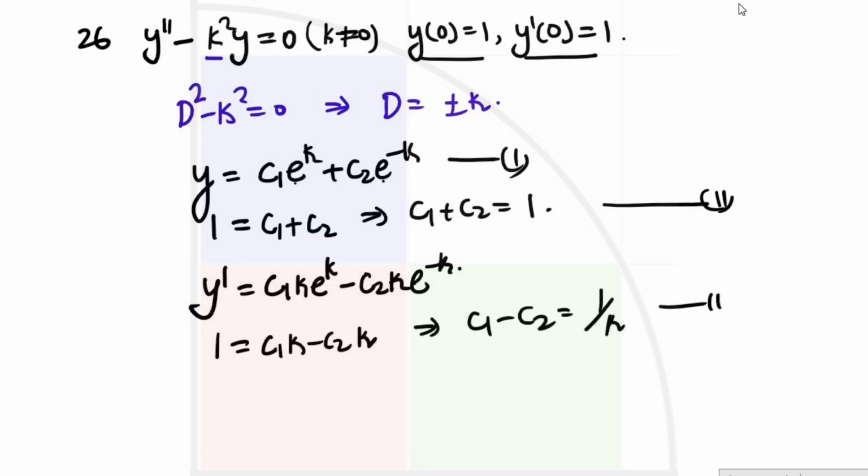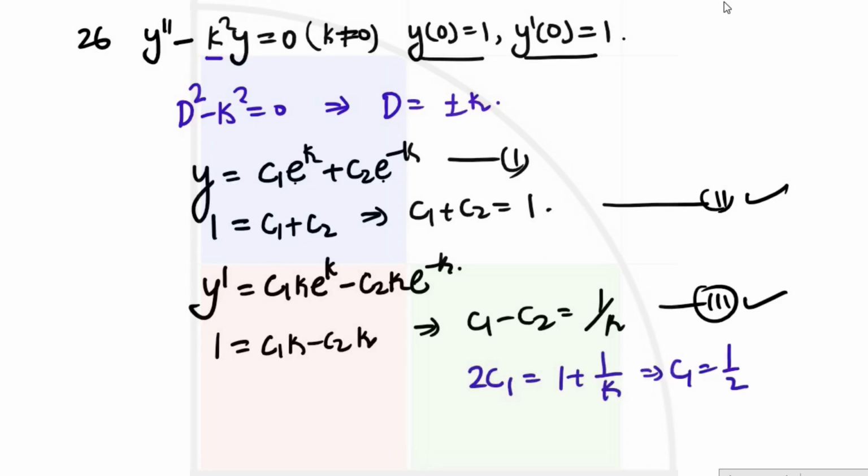We need to solve these two equations to find the values of c1 and c2, right? So adding both of them, we get 2c1 is equal to 1 plus 1 over k. This gives c1 is equal to half of 1 plus 1 over k. Therefore, c2 will become 1 minus c1, which is half of 1 minus 1 over k.